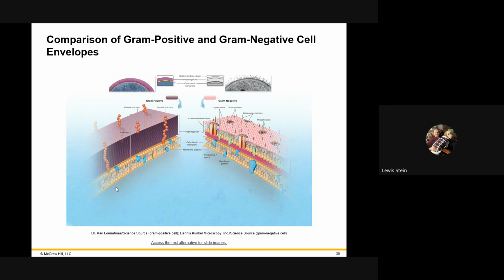You can see just looking at the illustration, the total difference. This has a mountain of peptidoglycan. This has comparatively little. This has a standard membrane on the inside. This has an odd membrane on the outside. They're not the same. This is a phospholipid bilayer. This is a phospholipid. This is not.